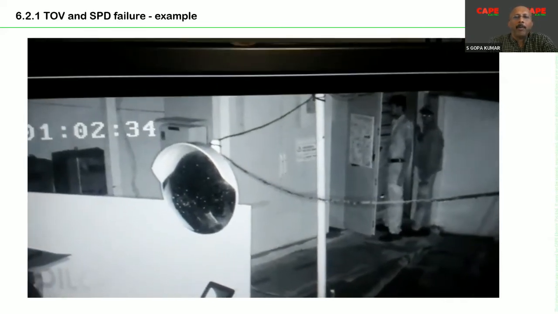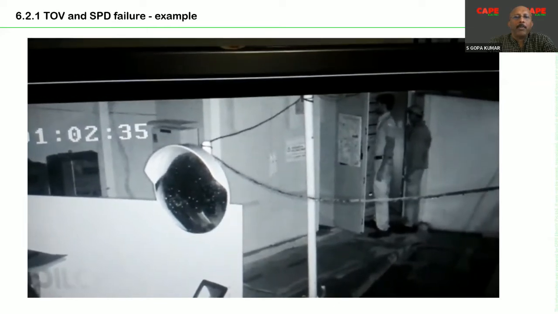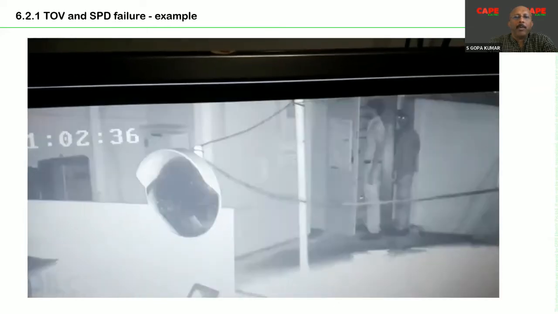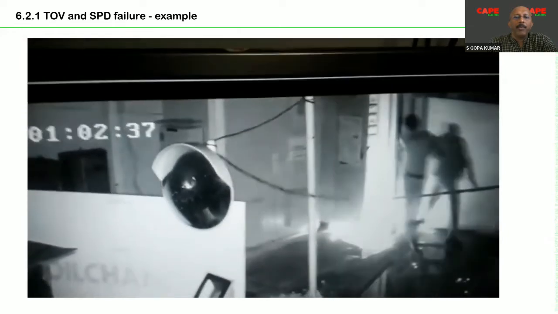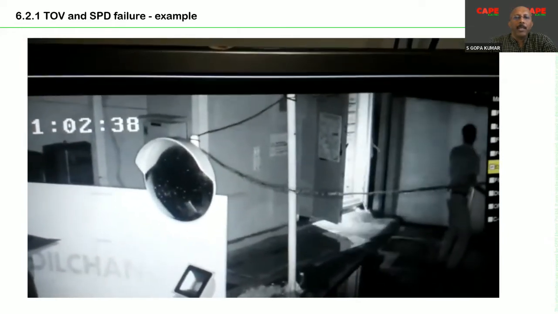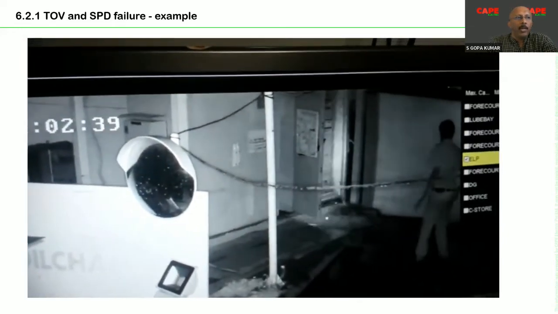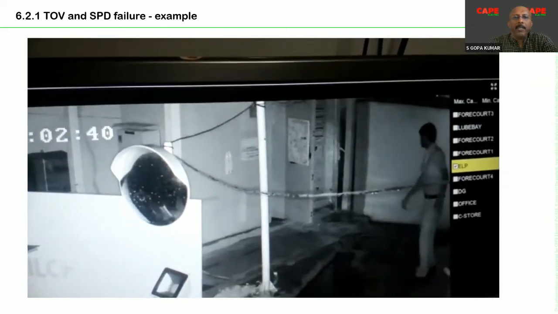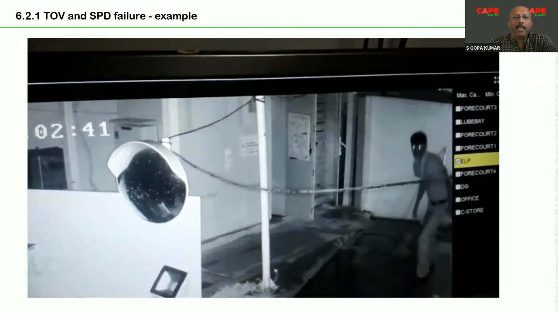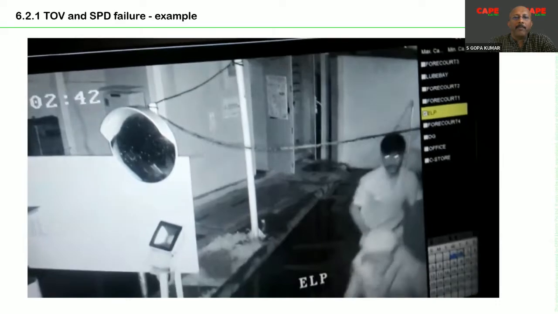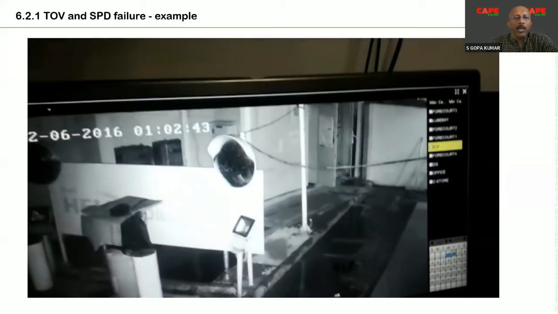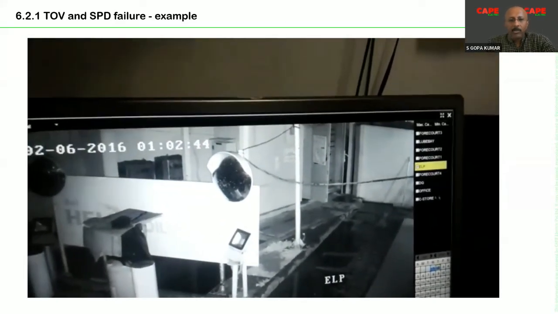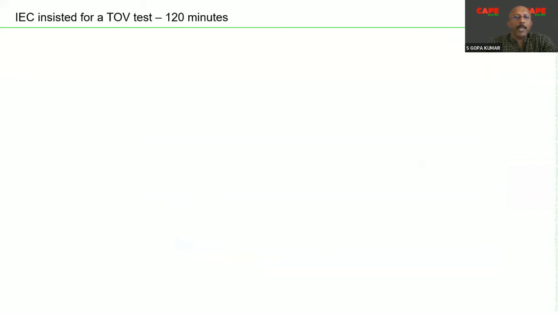Without understanding the problem, they are trying to switch on the power supply. Please have a look. Yes, this is how it explodes. These two technicians, very courageous, they are afraid of the blast and they are trying to run away. So, such failures or such disasters also can happen because of an SPD.